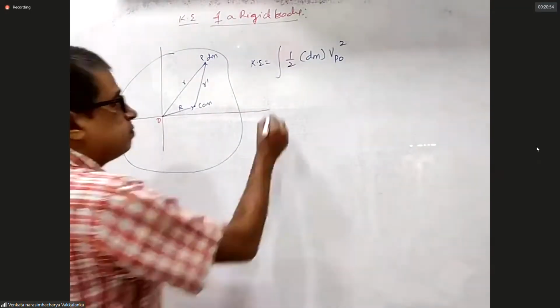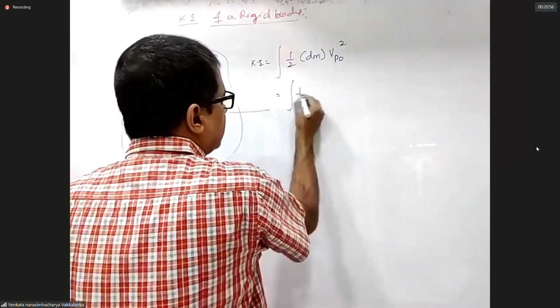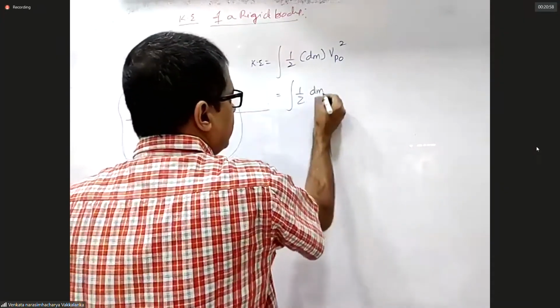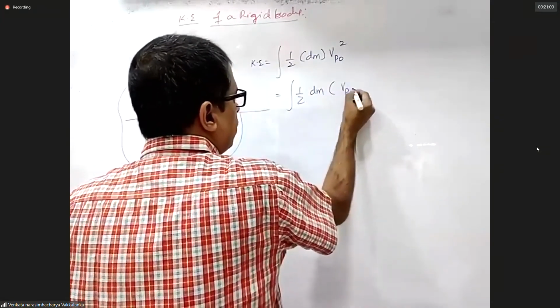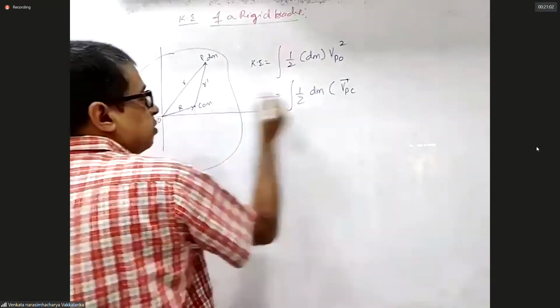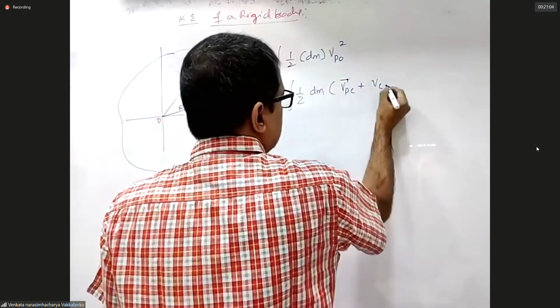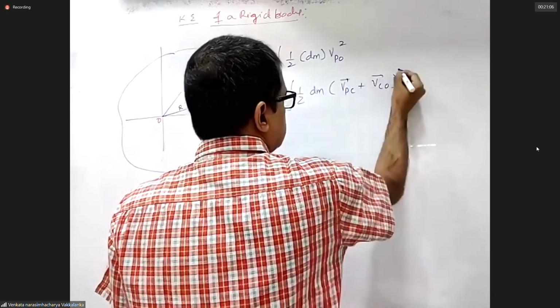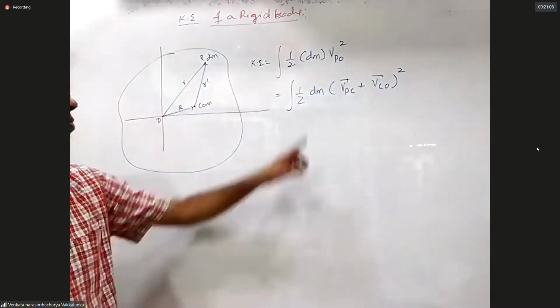Right? This you will write as half dm times the velocity of point P with respect to center of mass plus the velocity of center of mass with respect to O, whole square.